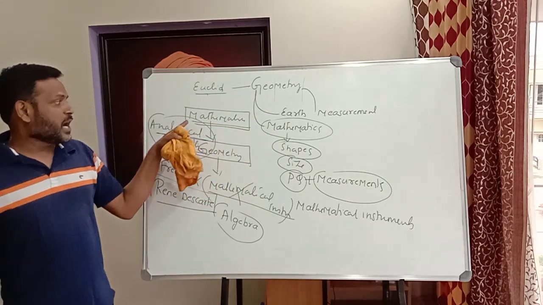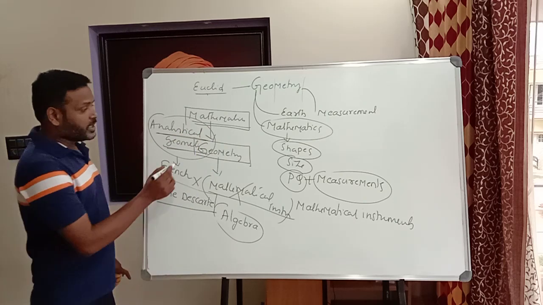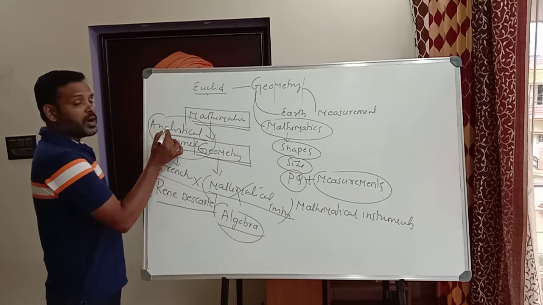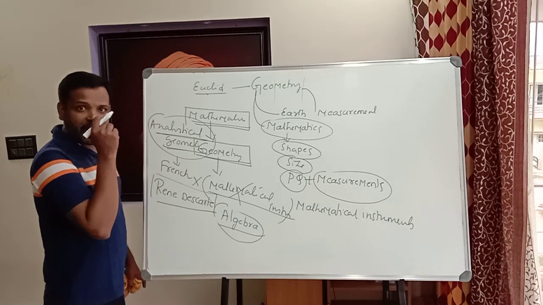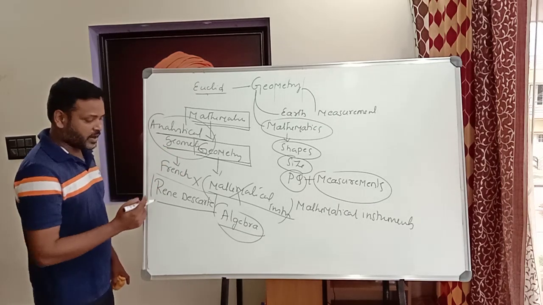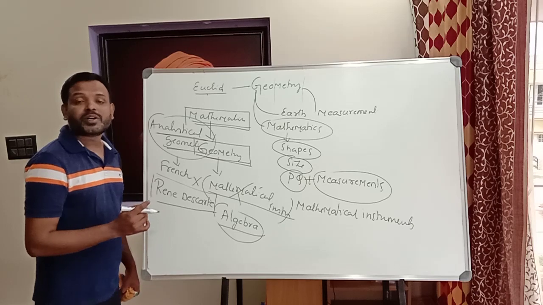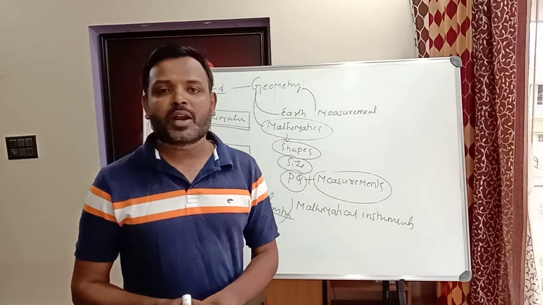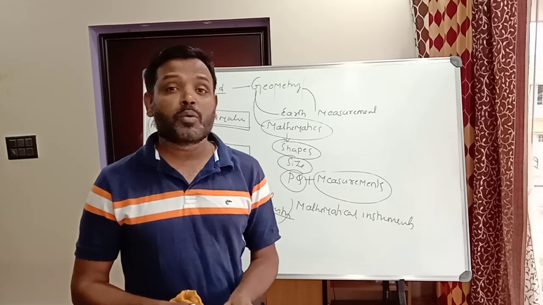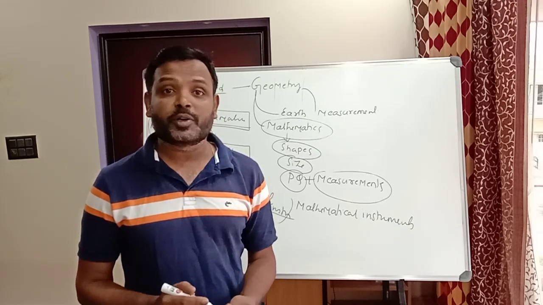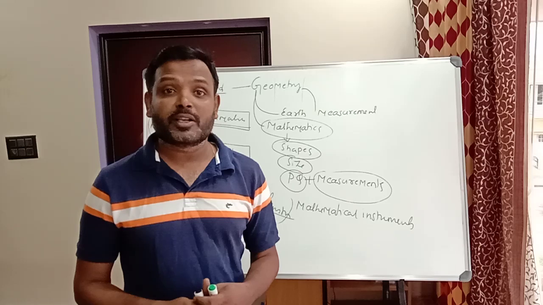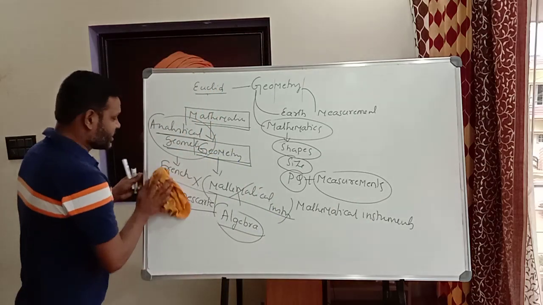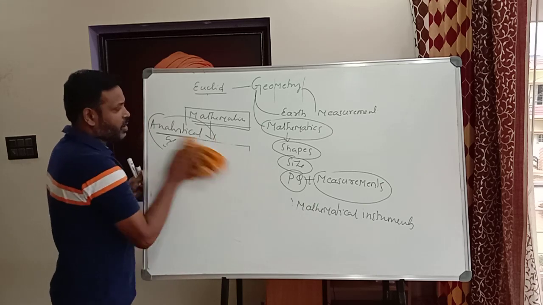A branch of mathematics which deals with the study of geometry using algebra is called analytical geometry, and the famous French mathematician René Descartes was the father of analytical geometry. Now we are going to discuss how René Descartes contributed to and developed analytical geometry in a few aspects.